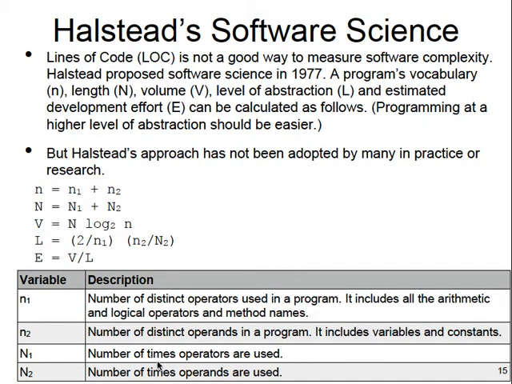If we increase the number of times operators are used, then doubling the operator usage will double the volume, because it is just N. But for the number of distinct operators, the contribution is smaller.